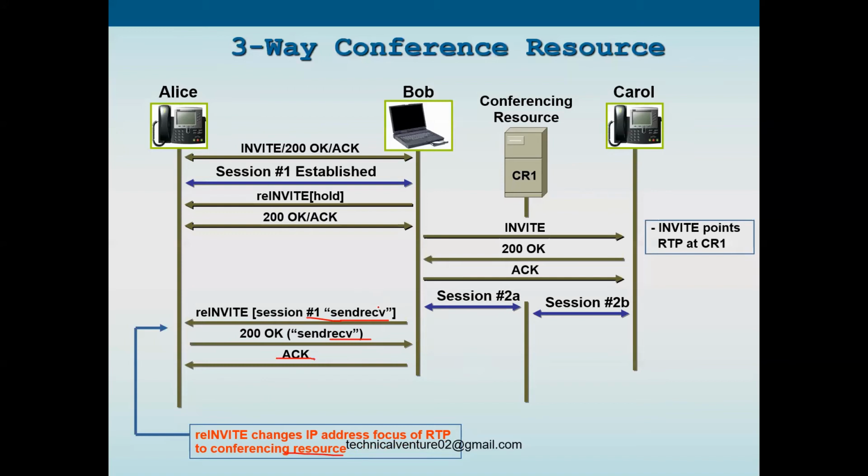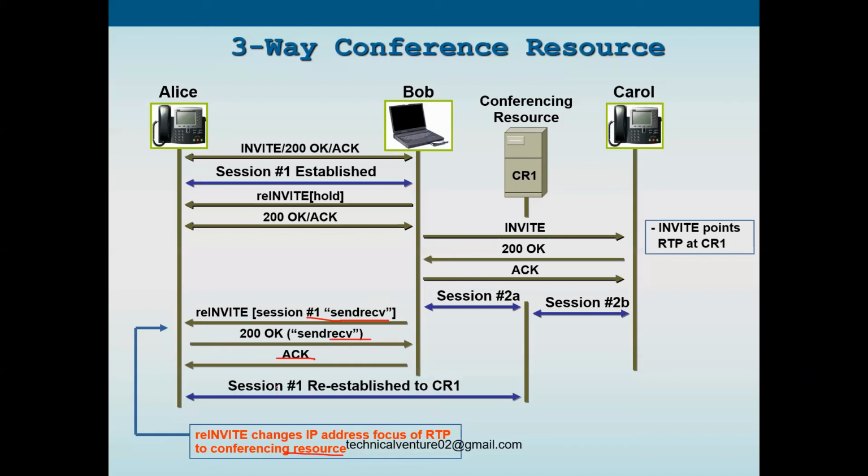Once it was 0.0.0.0, it is re-inviting the session and giving the conferencing resource IP so that Alice can talk as well. Alice, Bob and Carol each connect with the conference resource so that all three parties can talk with each other via the conference resource.